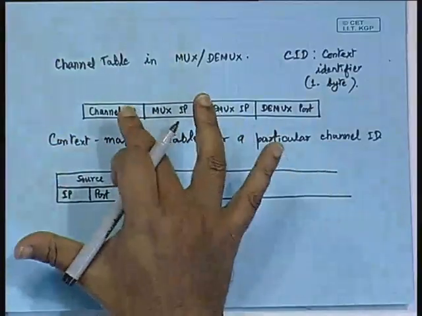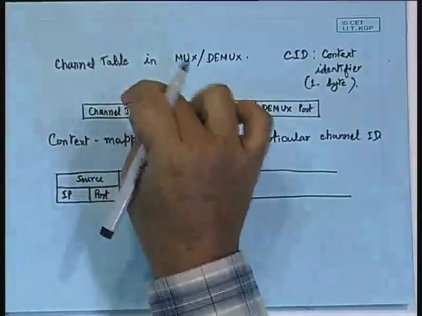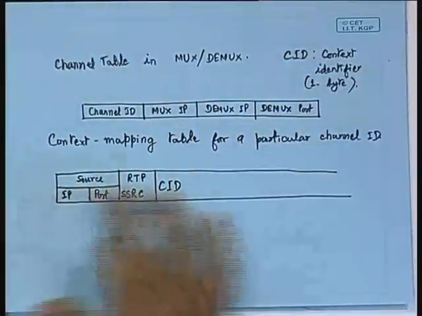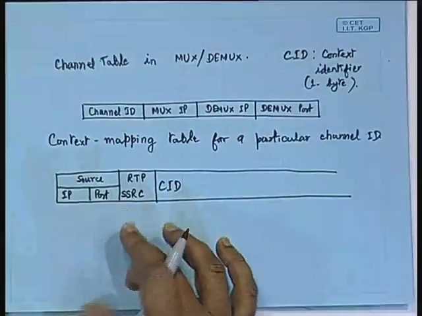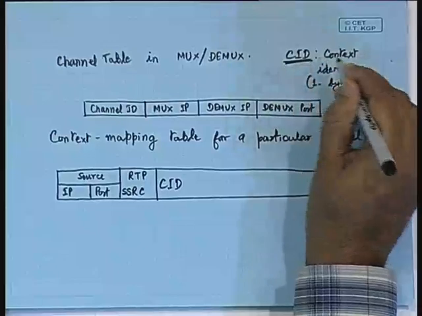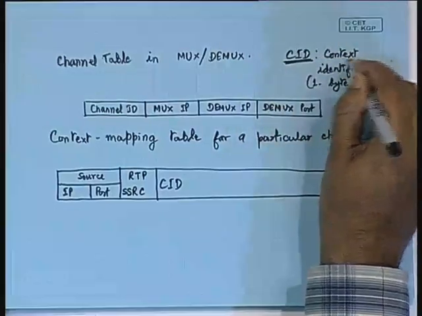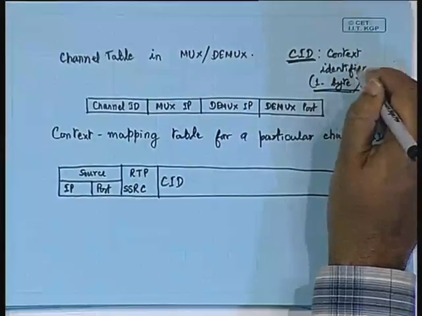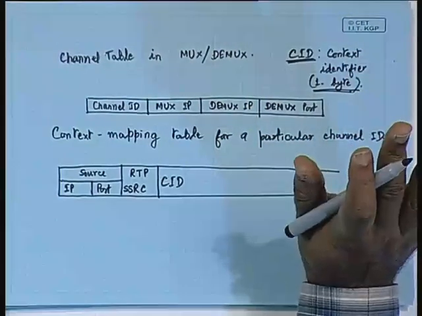Now, with the help of this channel ID, we should be able to get the complete information about this. And one of the very important fields which we have to note over here is the CID. This is a 1 byte field and it is referred to as the context identifier. This context identifier field will remain the same for a particular session.